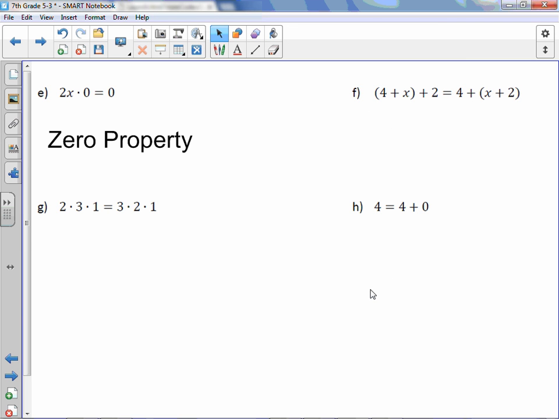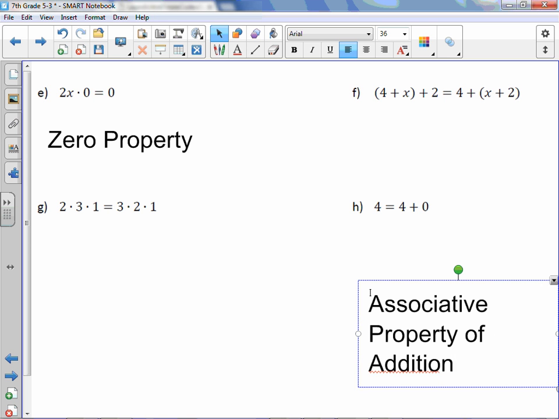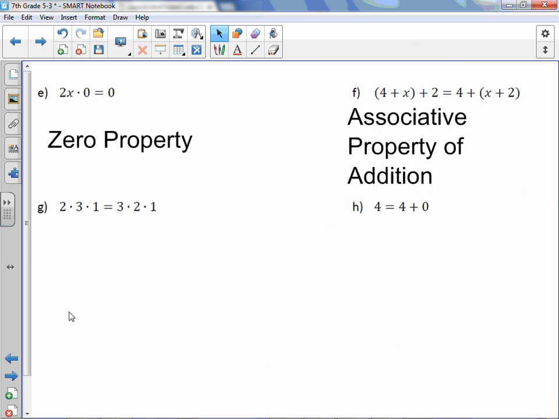Letter F, 4 plus (x plus 2) equals (4 plus x) plus 2. That's the associative property of addition. The parentheses change, and it's addition. Letter G, 2 times 3 times 1 equals 3 times 2 times 1.